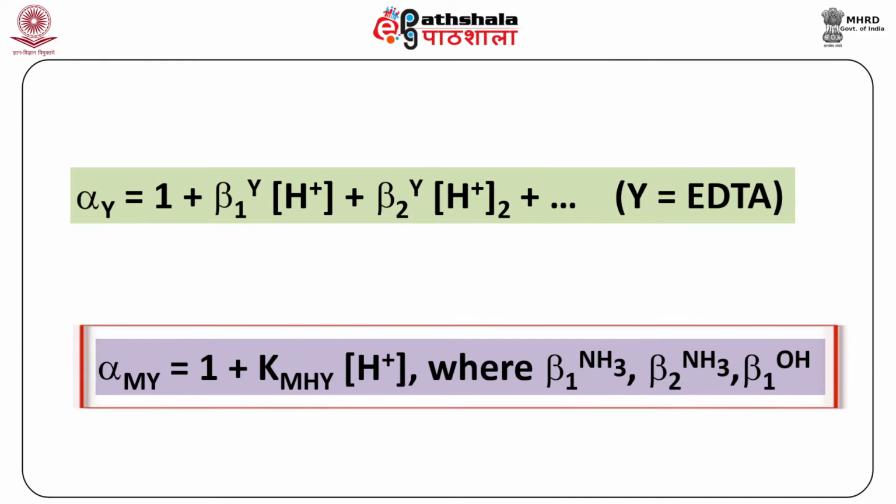Similarly, alpha for MY complex is equal to 1 plus K of MHY H plus concentration, where beta 1 for NH3, beta 2 for NH3, beta 1 for hydroxide ion, etc. are the overall stability constants for the amine and the hydroxo complexes.